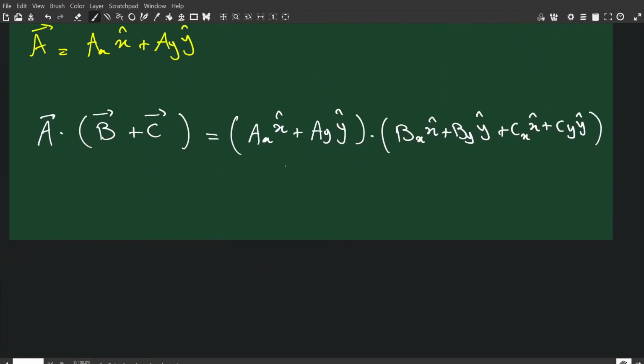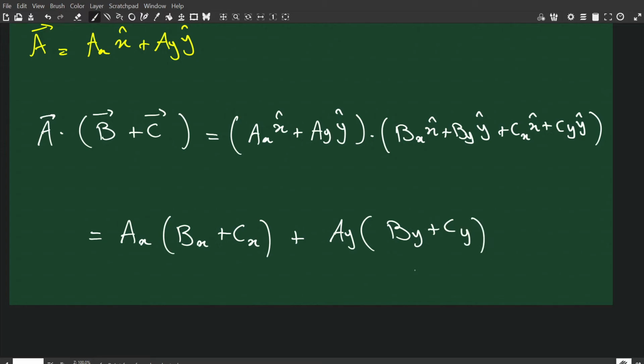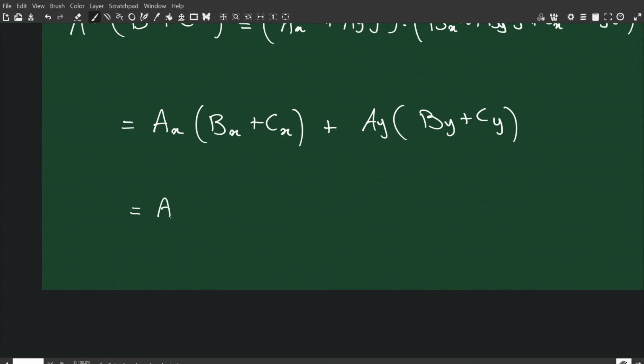And if you use that method that I've said, you can write it as AX times BX plus CX plus AY times BY plus CY. And it's AX BX plus AX CX plus AY BY plus AY CY.